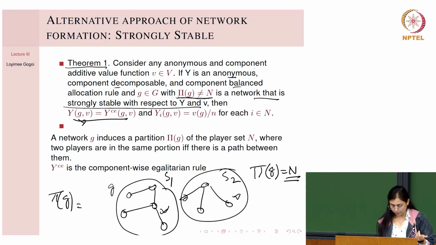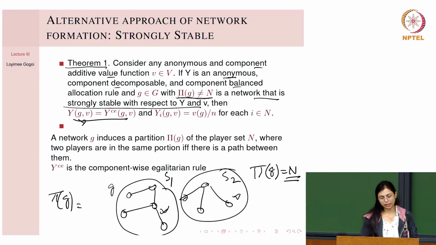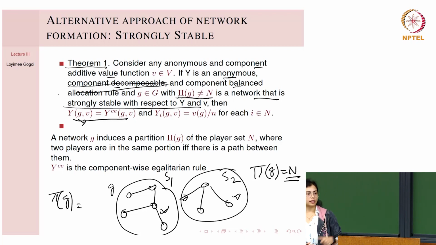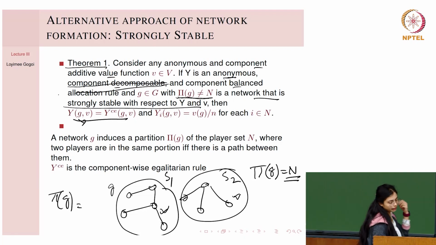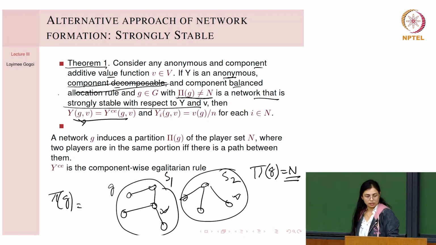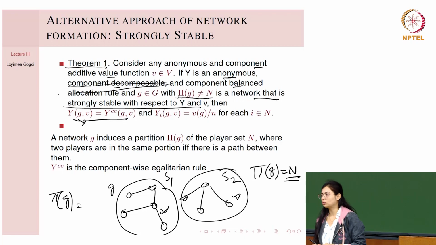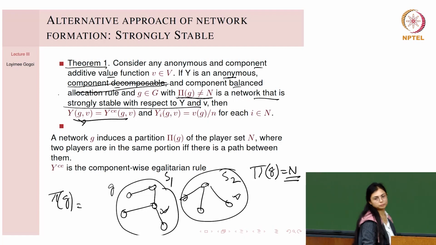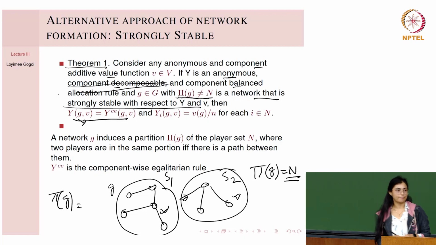So suppose V is component additive and anonymous, that is given, then we can have an allocation rule that is anonymous, component decomposable and component balanced. I have not discussed component decomposable, but I discussed the others. So suppose there is an allocation rule that is strongly stable and also anonymous and component balanced, then we can say this is a component-wise Euclidean rule, right?